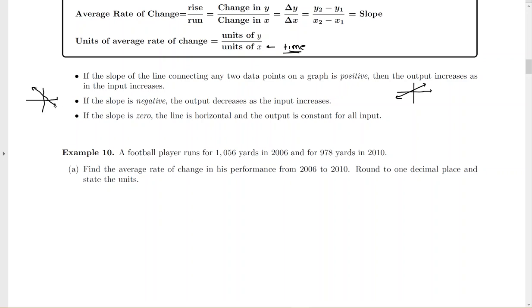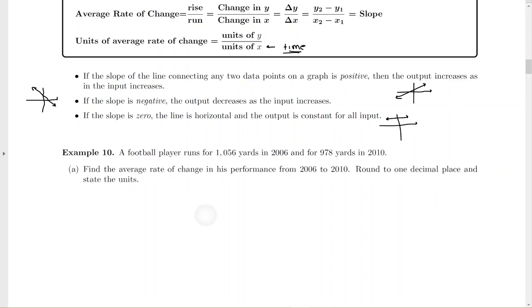Then our output decreases as the input increases. And for a zero slope, we will see a line that is horizontal. So horizontal lines have slope 0, and our output will be constant for all of our input values.